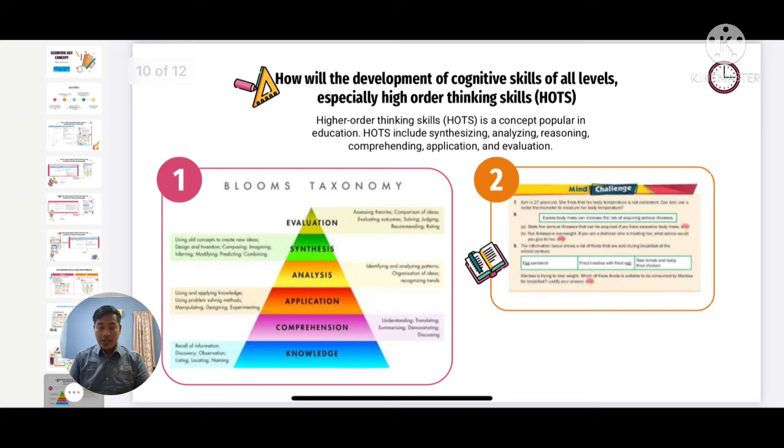Last is evaluation. Students need to compare the ideas, evaluate outcomes, solve it, judge and recommend something, and can also rate the ideas. Students can try to answer the example questions in the textbook to improve their ability in higher order thinking skills, or HOTS.